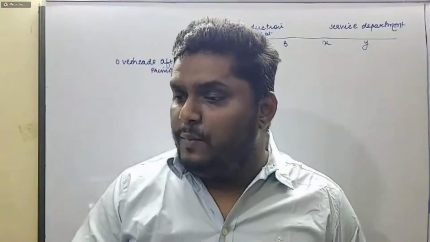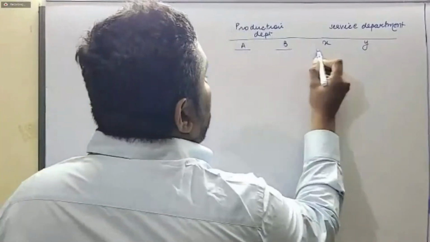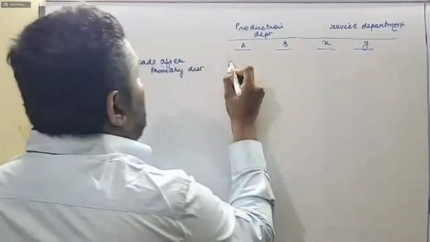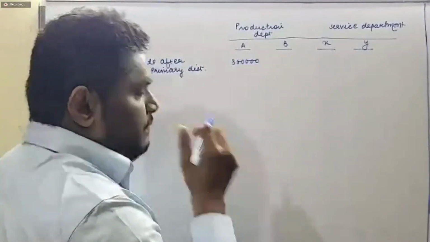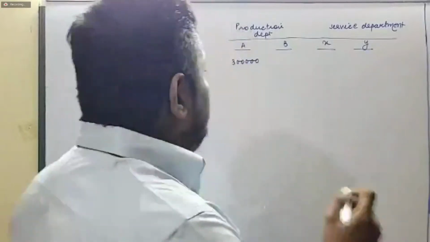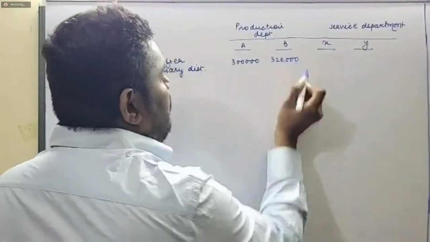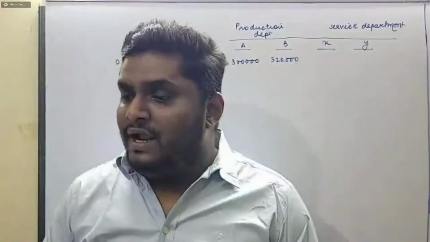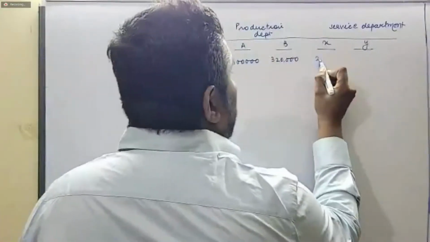That is 3 lakh for production department A, 3,20,000 for production department B. Thereafter, X is 2 lakh and Y is 1,50,000.